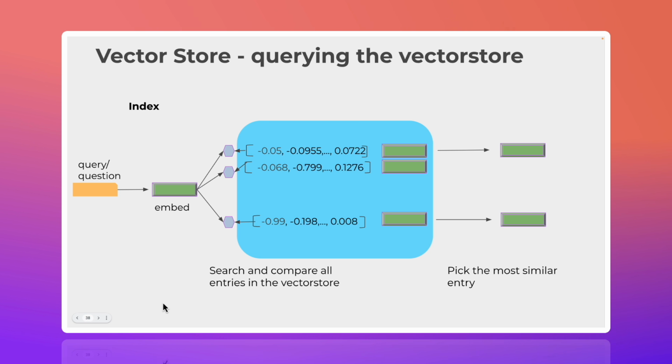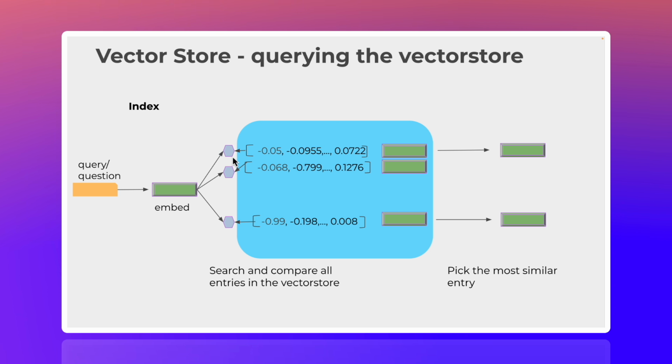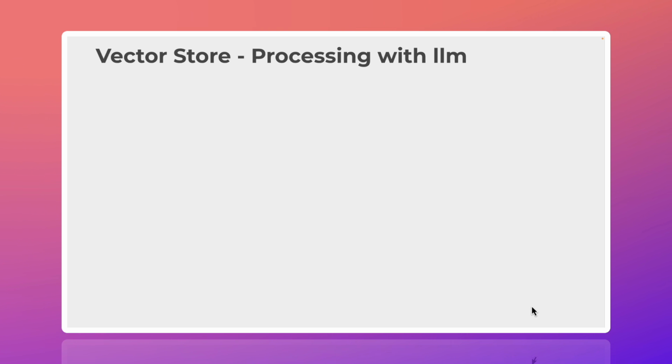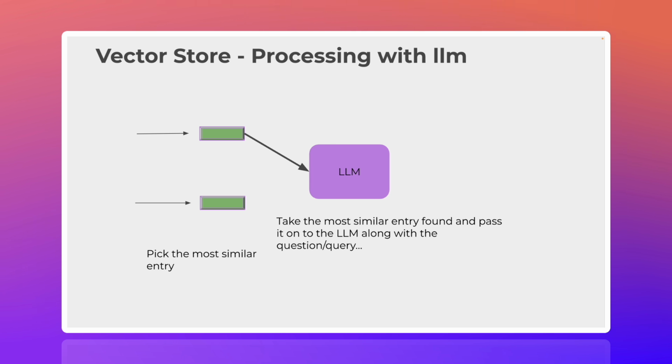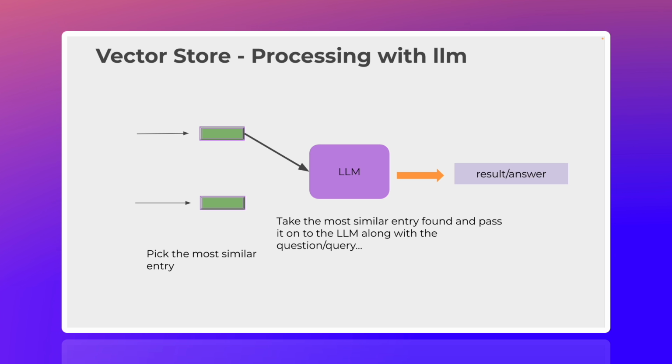Then we go through the process of indexing, so it knows to look for what is going to be similar to this embedding, which is part of the question. It searches and compares all of the entries in the vector store, and then picks out the most similar entries. Those are the ones that are packaged up with everything through the large language model. The large language model takes the most similar entry found and passes it in with the query, the question, the pieces of documents and everything, to then get the answer, the result.